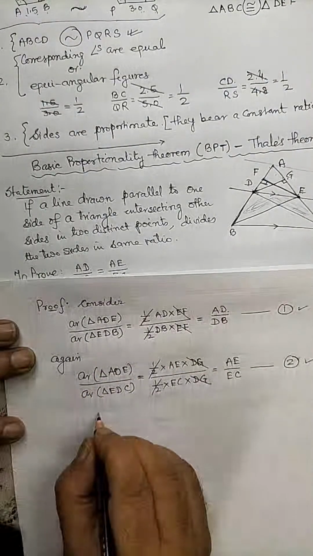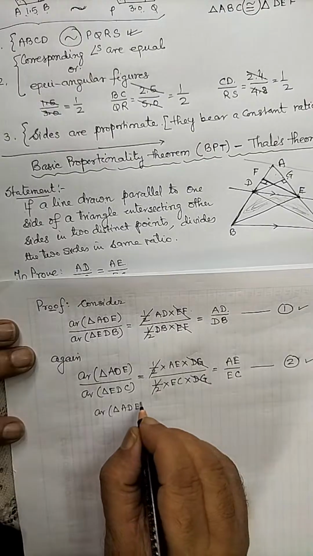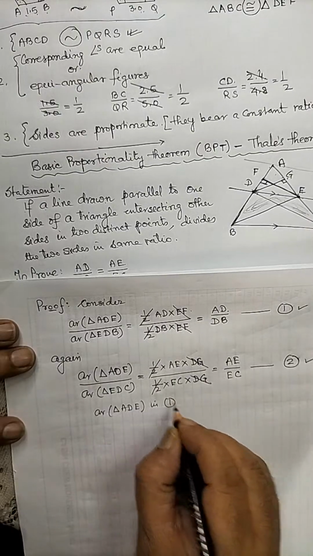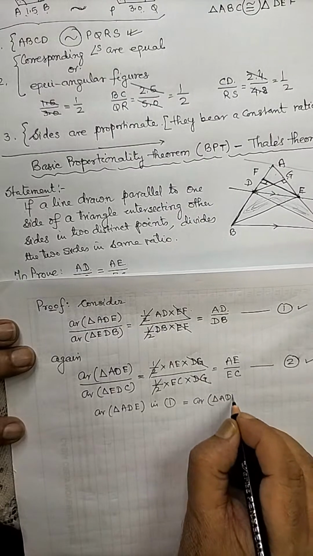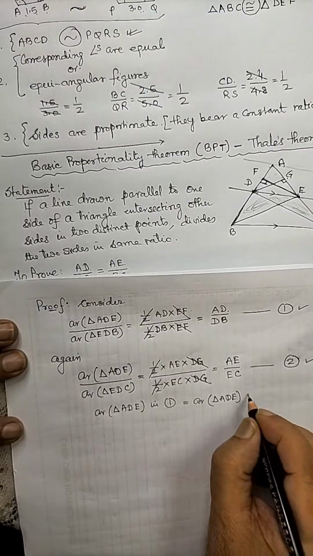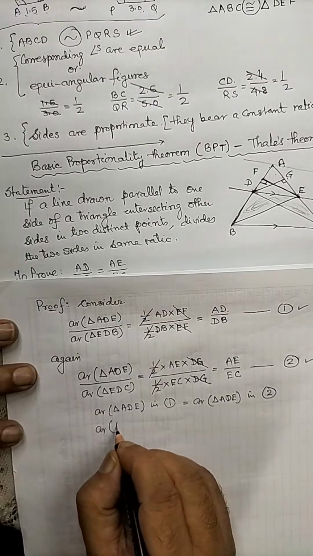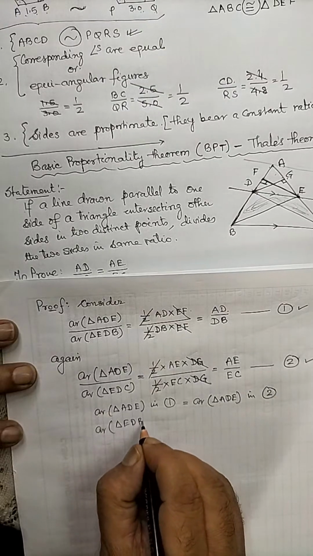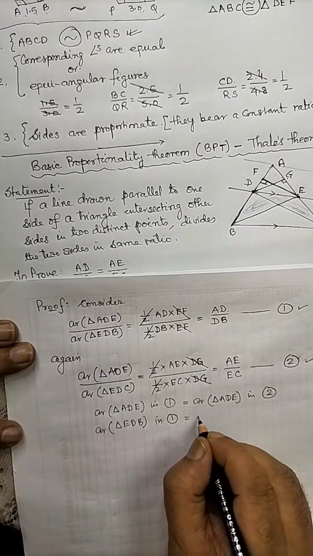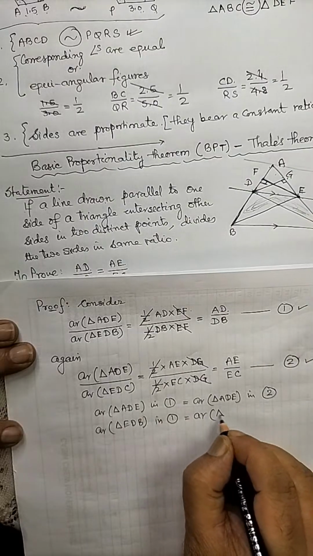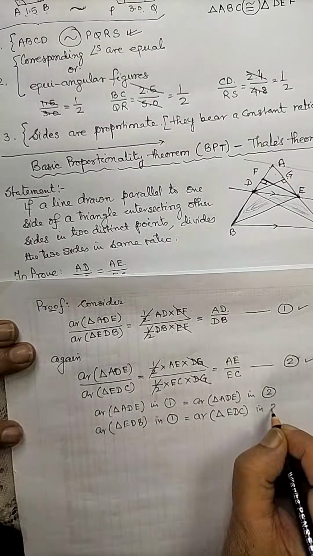Area triangle ADE in 1 is same as area triangle ADE in 2, and area triangle EDB of relation 1 is equal to area triangle EDC in 2.